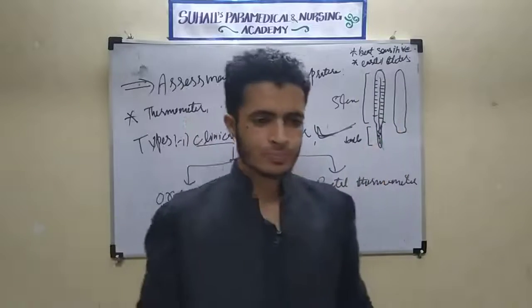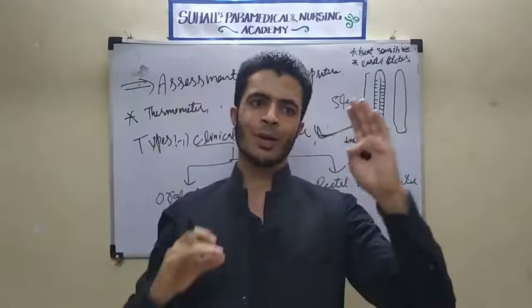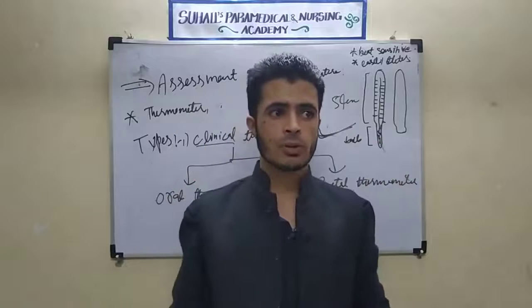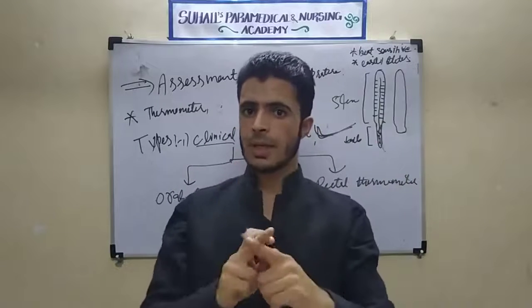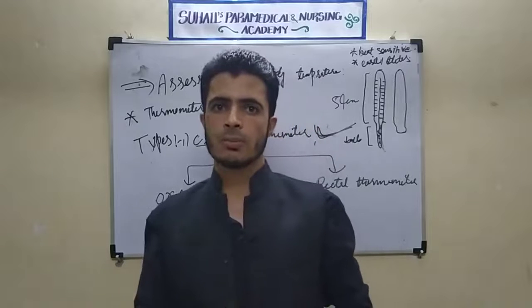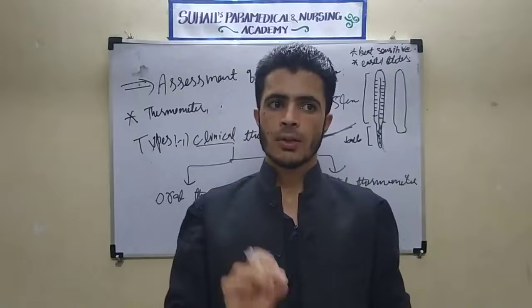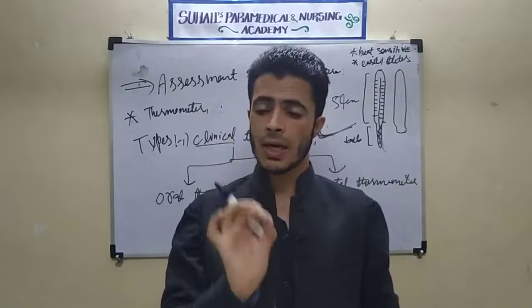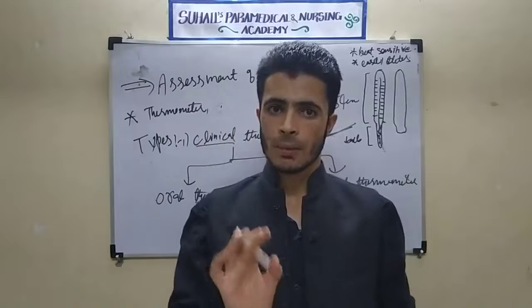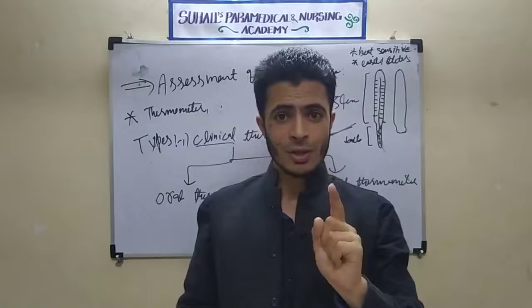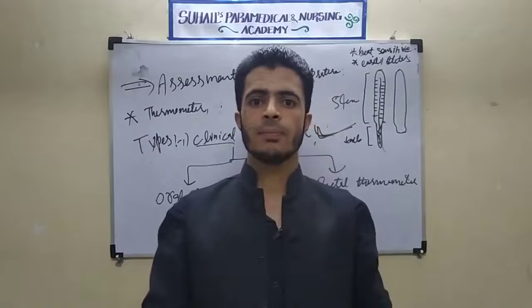And another thing is that it has a high melting and boiling point. One is the boiling point, another is the melting point. Boiling point is approximately 350 degrees Celsius, 356. Some books write 356 degrees Celsius. Its melting point is minus 38 degrees Celsius.